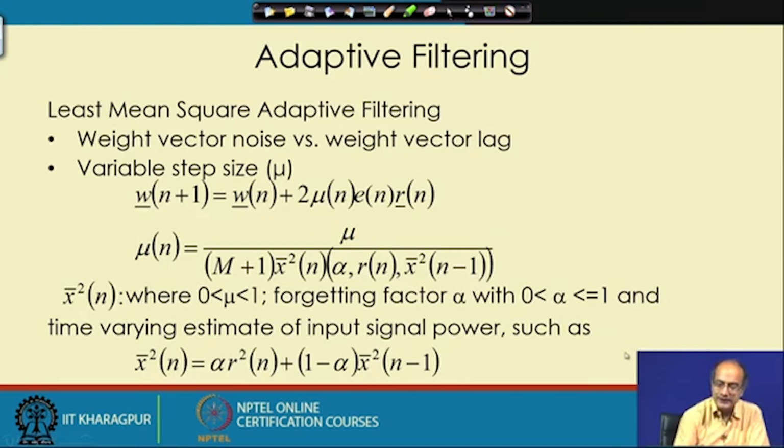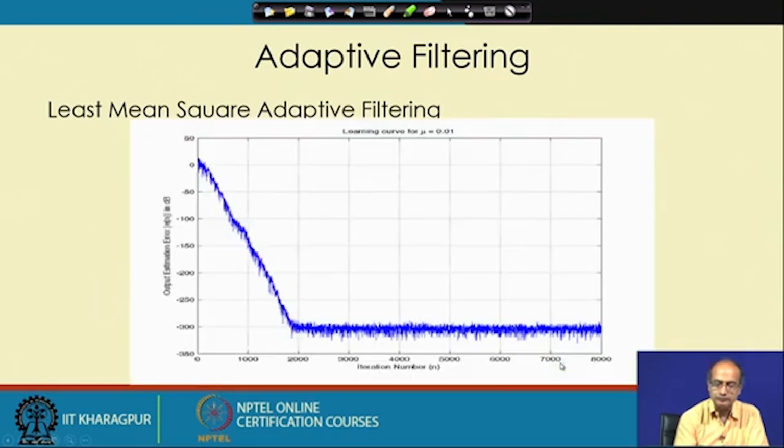So, let us see some graphs which will help us to understand this concept. First, we look at the scenario where we have taken an LMS filter, where the value of mu is 0.01.